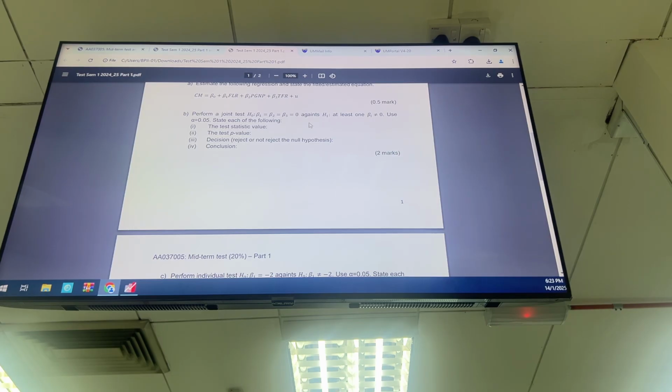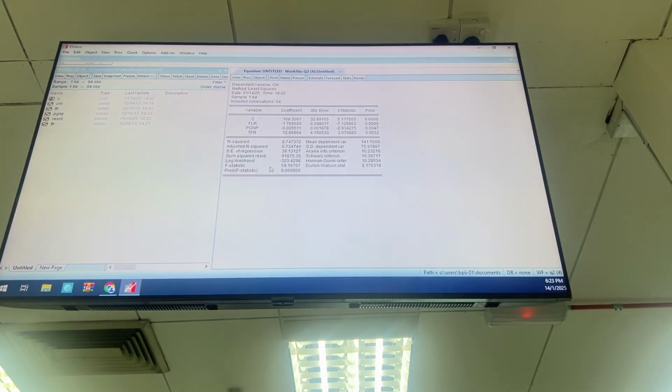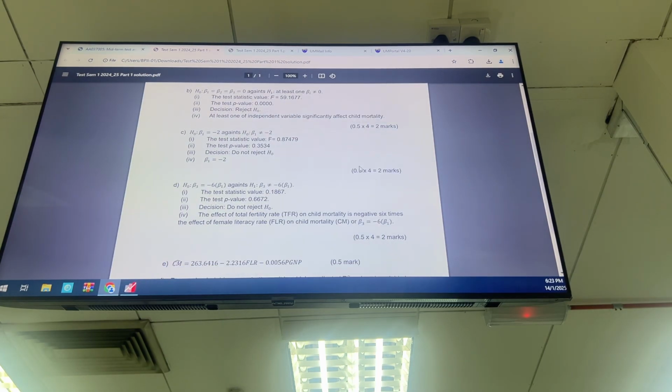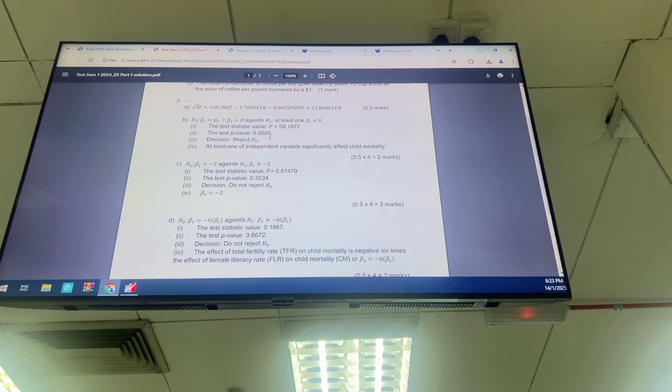For this one, you use the F-statistic for all slope parameters. The test statistic is one, the p-value is 0, and then you conclude. Because it is 0, we reject the null hypothesis, so at least one of the variables affects the dependent variable.